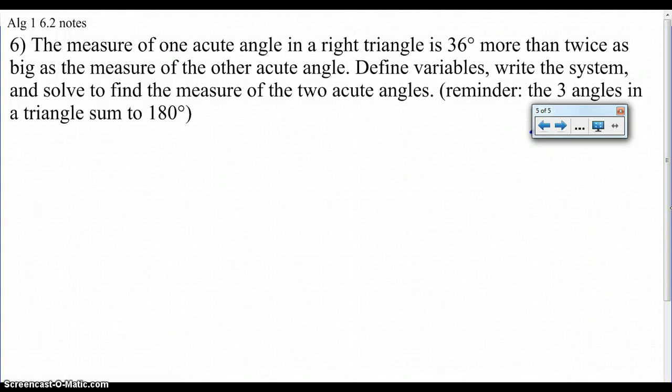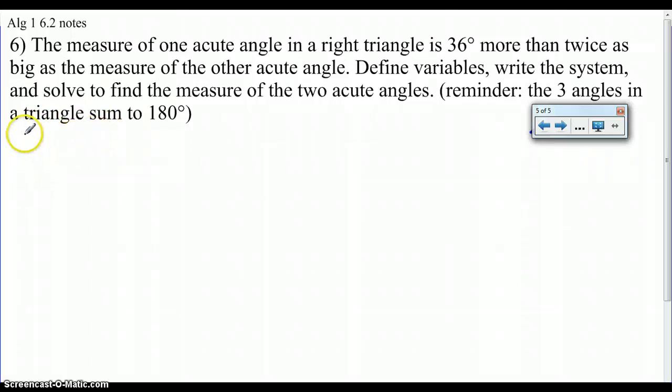The measure of one acute angle in a right triangle is 36 degrees more than twice as big as the measure of the other acute angle. Define variables, write the system, and solve to find the measure of the two acute angles. And a reminder here that the three angles in the triangle sum to 180. I could even be more specific.